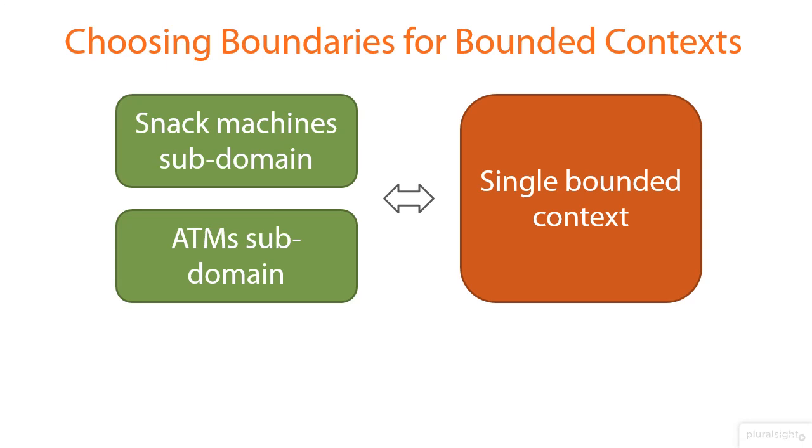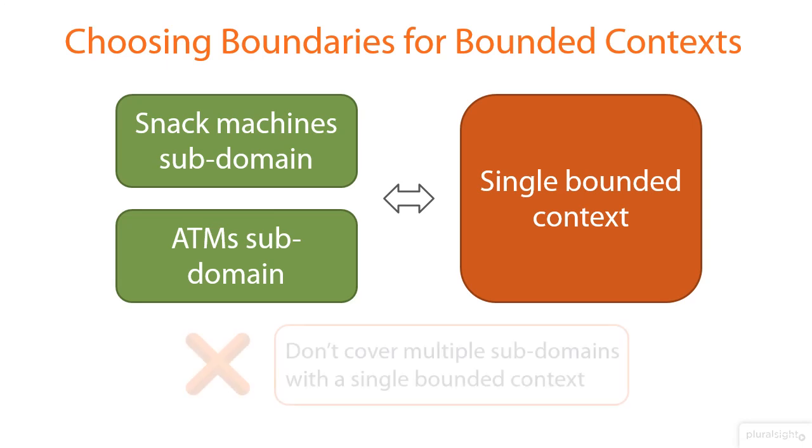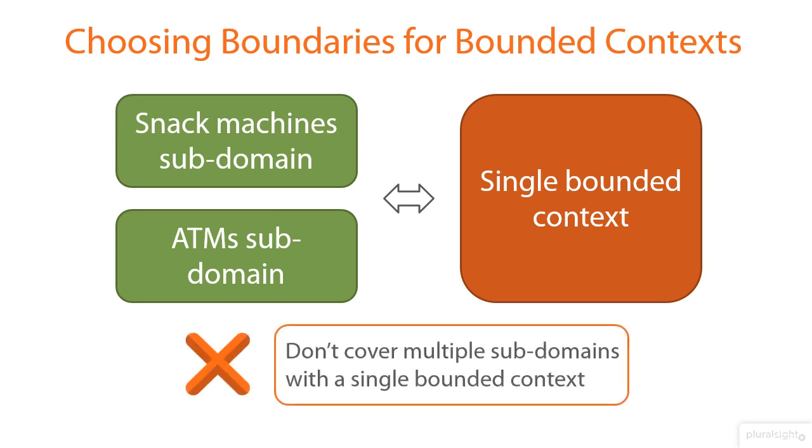Nevertheless, even if you are able to cover two subdomains with a single bounded context and still keep it succinct, I recommend you to adhere to the guideline and still create two separate bounded contexts for them. Just make sure the subdomains they cover are indeed distinct ones and not parts of a single subdomain. The reason here is that bounded context segregation is a logical one.